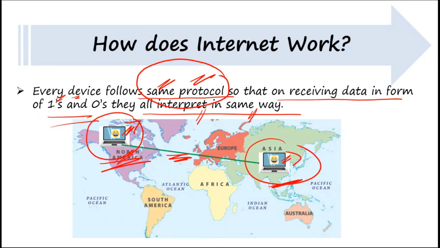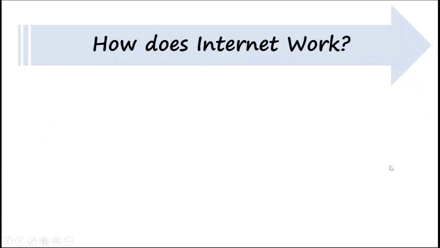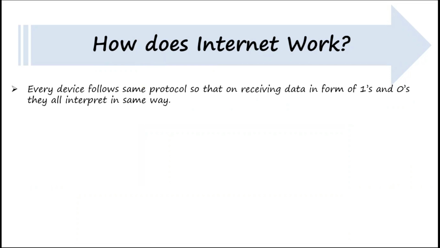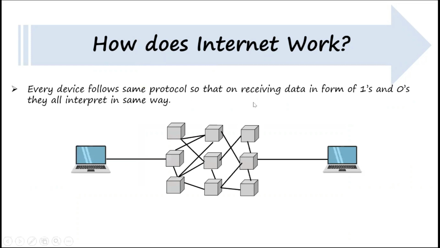Every user is sending or receiving some information, accessing some data. So how is it possible that one wire can do all of this? In reality, it's not one wire. It's a lot of different wires put together.